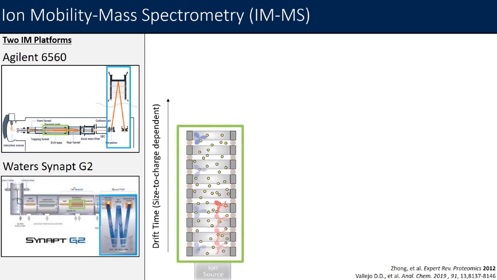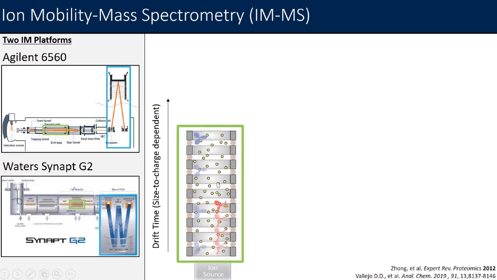But in terms of the operational principles behind the instruments, they're somewhat similar, right? So we have a mobility separation that takes place first. We introduce ions into a ring stack, an ion guide. Inside that ion guide, we position a partial pressure of a neutral gas. In our case, this is usually a mixture of helium and nitrogen, or maybe just pure nitrogen. The ions are under the influence of an electric field.